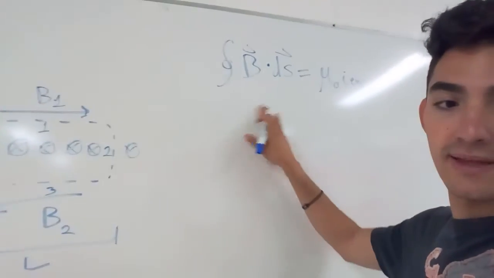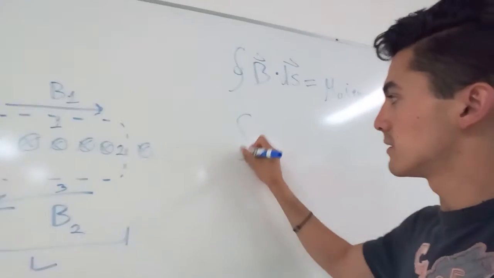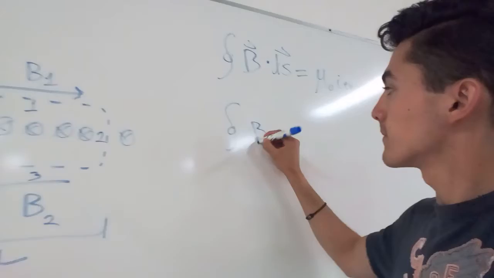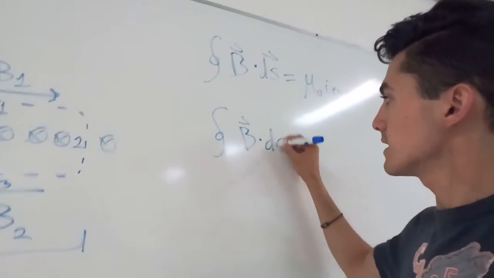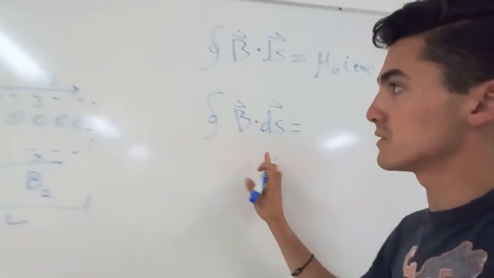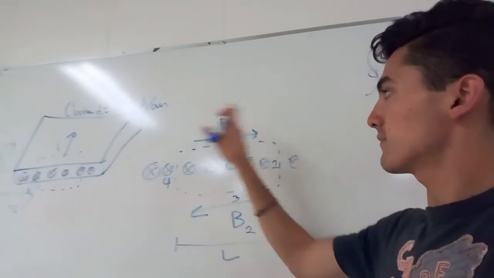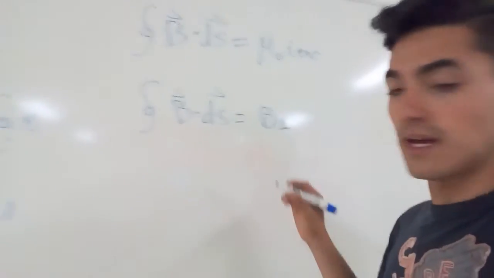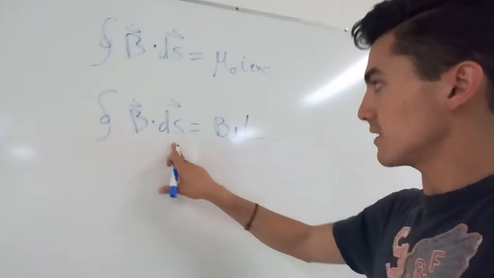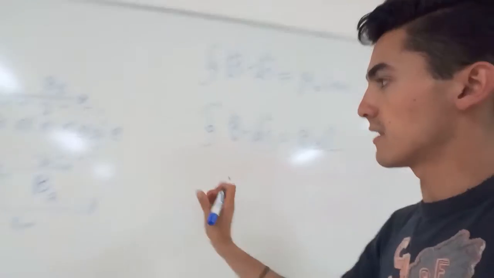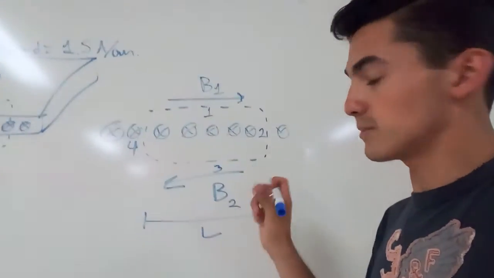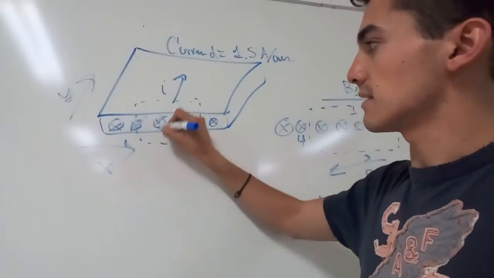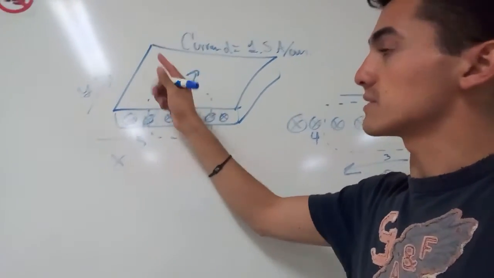So we will have that this will be equal to the integral of B ds, that is equal to our magnetic field B1 times L, that is the s. The ds is the little piece we are using of the sheet.